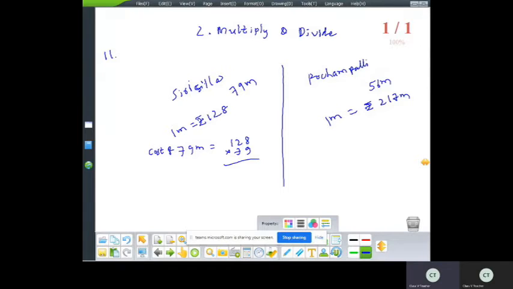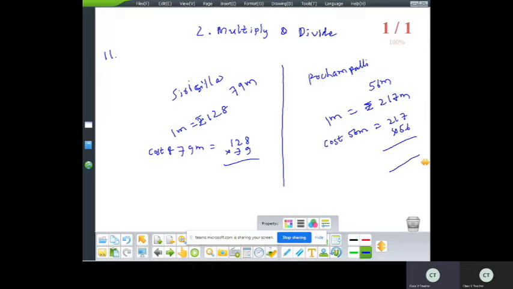Here, what is the total cost of 56 meters of cloth? The cost of 56 meters of cloth is equal to 217 into 56. Yes, here we get the total price for Pochampalli cloth.